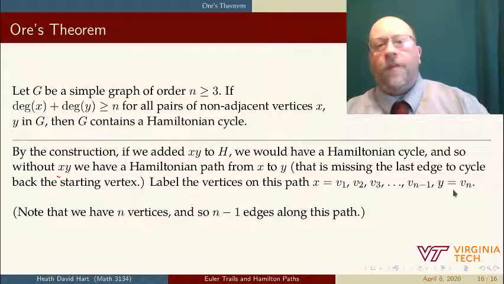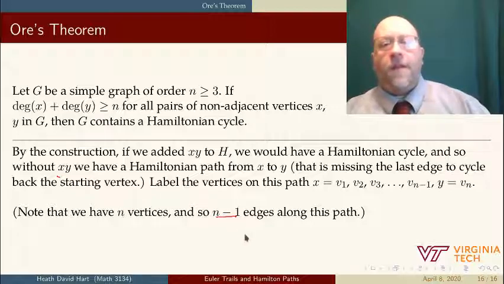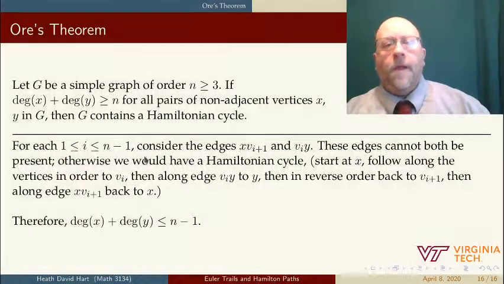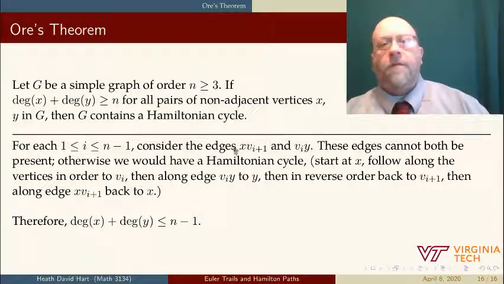We'll label the vertices along this path. We have n vertices, and so we have n-1 edges. So x, y, and then these are my vertices, v1, v2, v3, dot, dot, dot, up to vn. For each possible edge, we consider the pair x to vi plus 1 and vi to y.